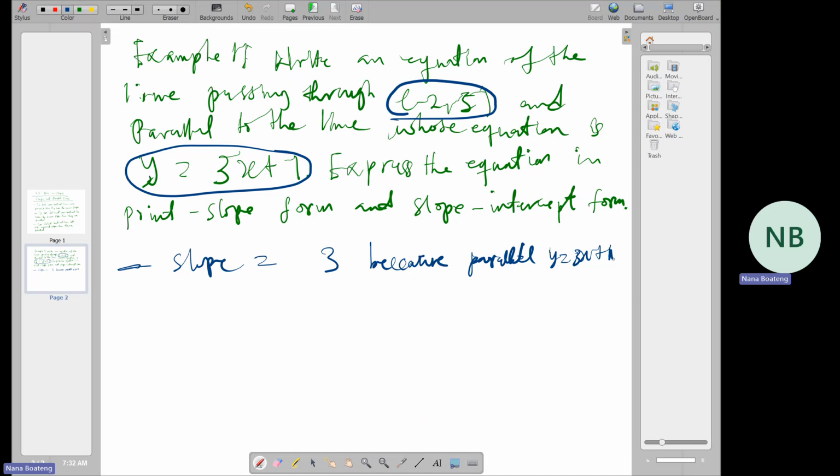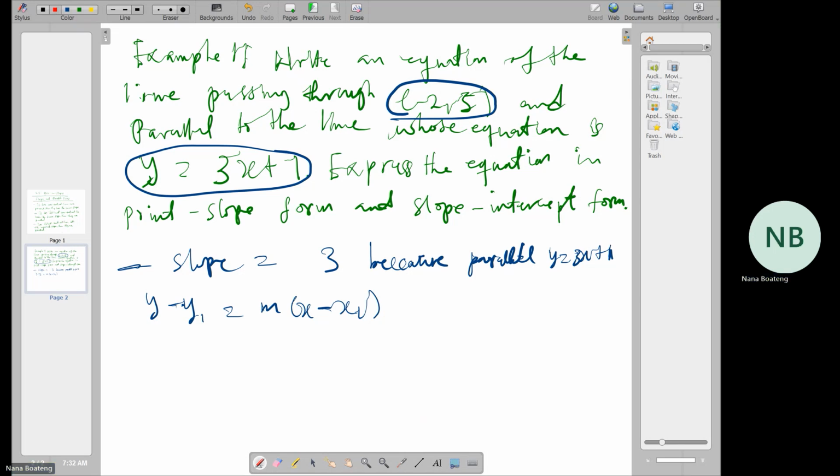So using the point slope form, which is given by y - y1 = m(x - x1), we can write the equation of the line.